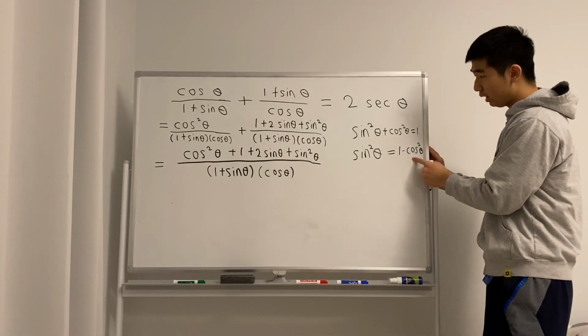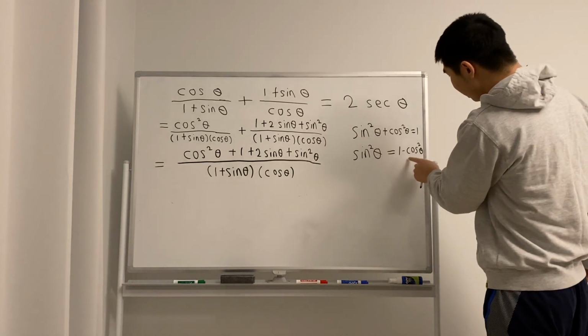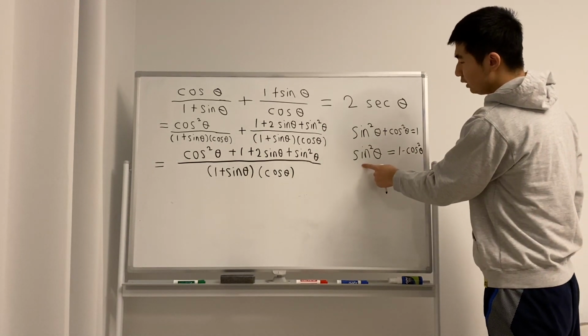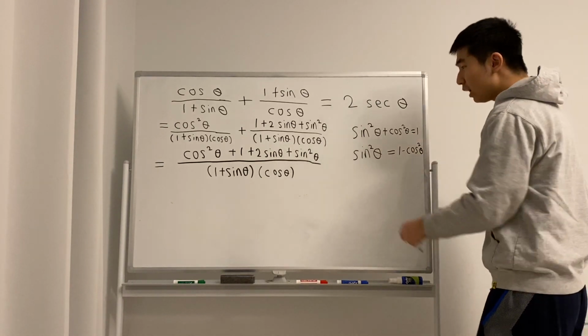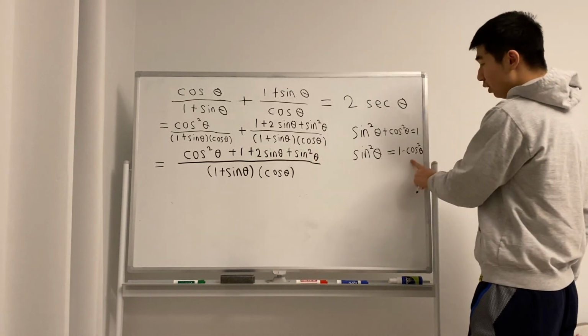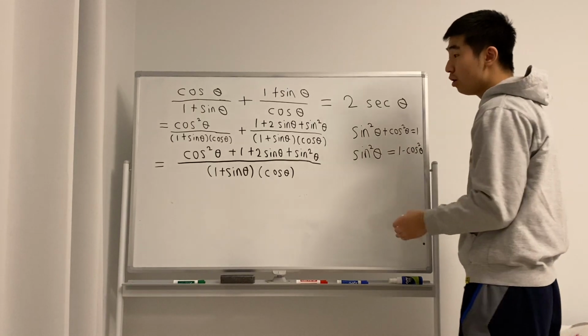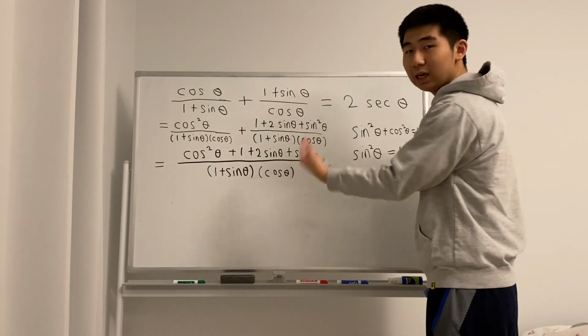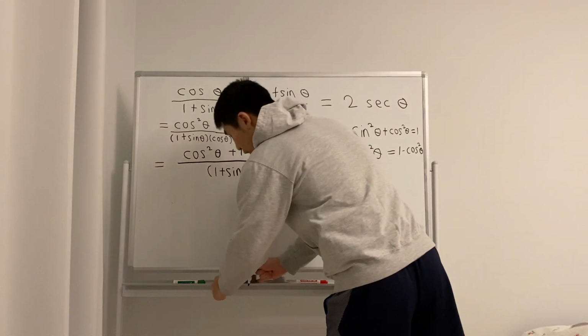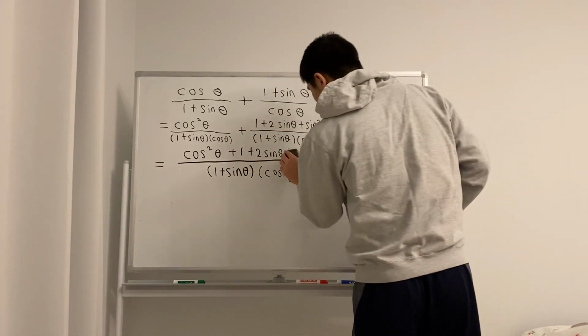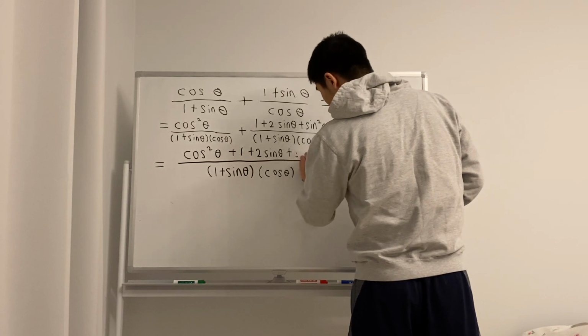This is what you get. So 1 minus cos squared theta is the same thing as sine squared theta because of this identity. So we can actually change this to 1 minus cos squared theta. And notice how when we do that, we get rid of one of the sine functions. And that's what we want to do because this is secant. So that's what I did during the trig classathon.